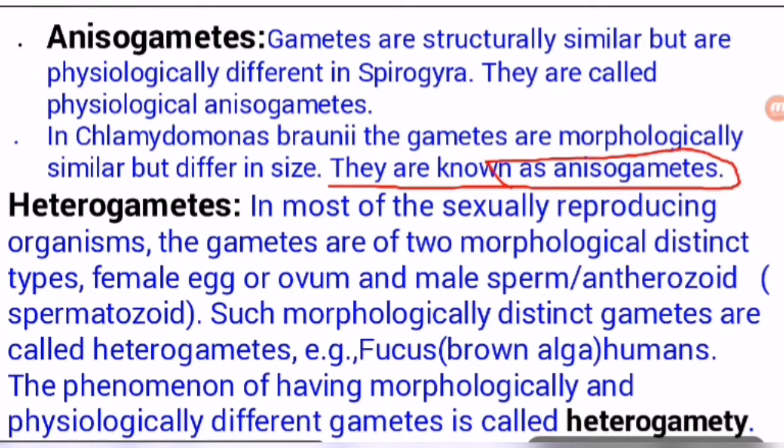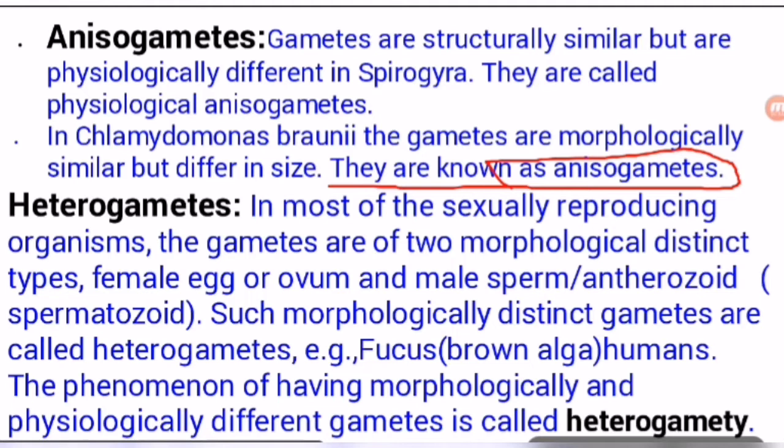They may differ in size but be similar in structure. When similar in structure and different in morphology, then these are morphologically anisogametes. But here the gametes are similar in structure but different in size, so these are anisogametes. Don't be confused, students.